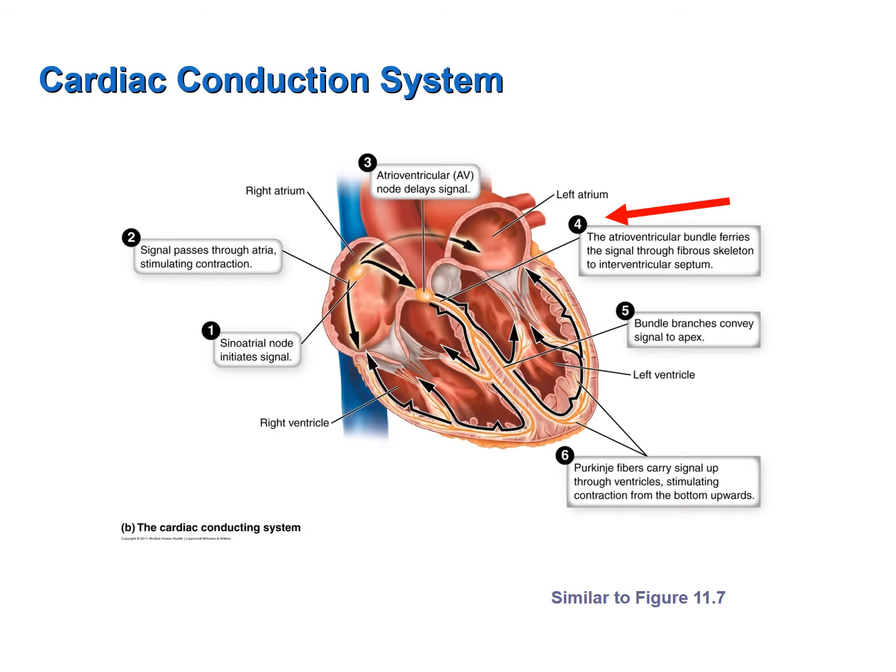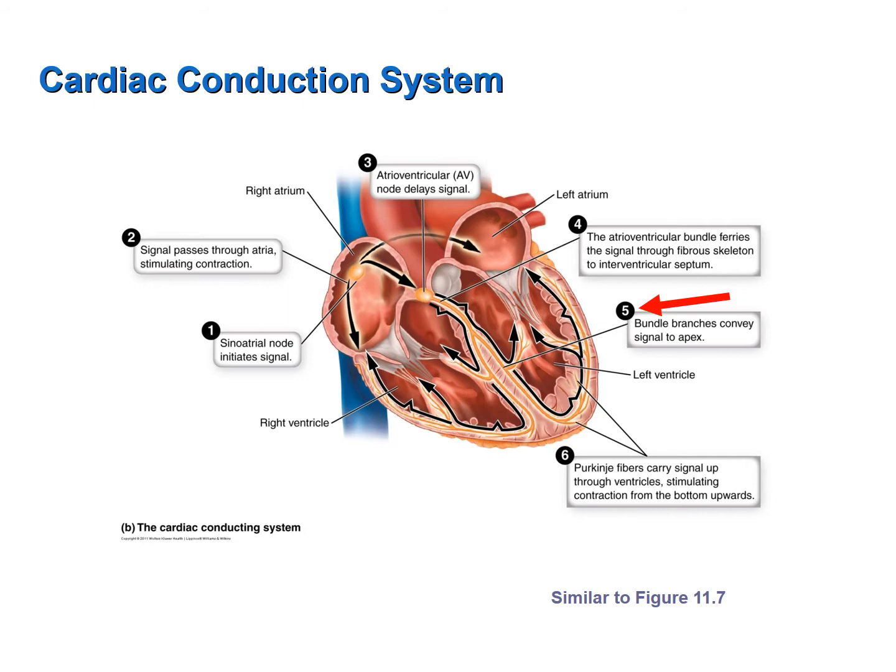So we have the action potential being conducted by the atrioventricular bundle or bundle of His. The AV bundle, as it's called, splits into bundle branches which extend down the interventricular septum to the apex of the heart.